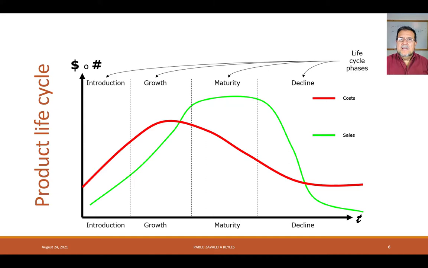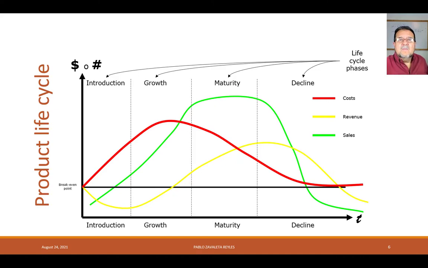This has some implications. We must know when to invest and we must know when to kill a product. The revenue is expressed here with the yellow curve, and we have our break-even point in black.